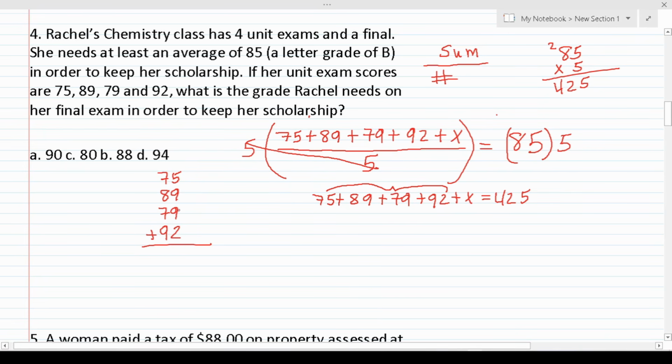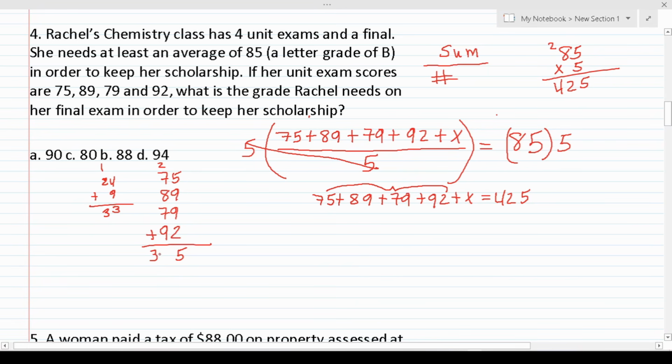9 plus 9 is 18, plus 2 is 20, plus 5 is 25. All right. 8 plus 2 is 10. 7 plus 7 is 14, so 10 plus 14 is 24. 24 plus 9 is going to be, let's work that out. 4 plus 9 is 13, carry your 1, 33.